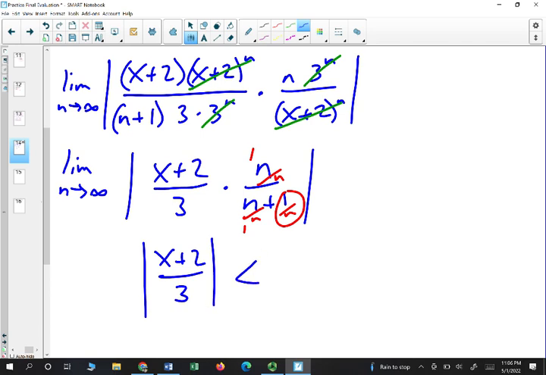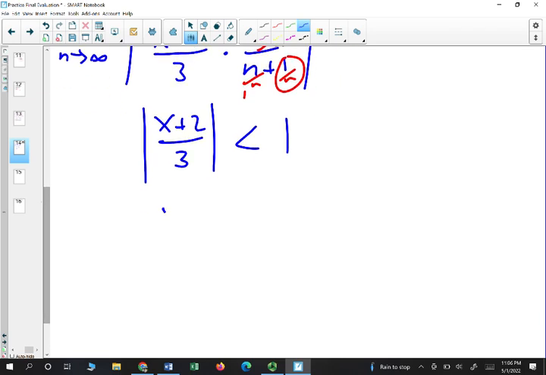and our condition for convergence is that the absolute value has to be less than 1. Okay, we can multiply by 3 on both sides. We have absolute value of x plus 2 less than 3.